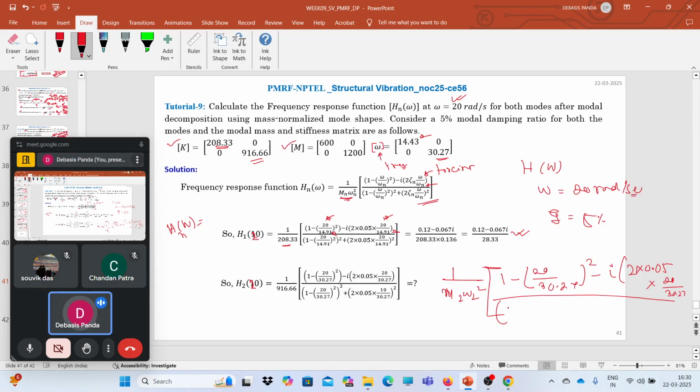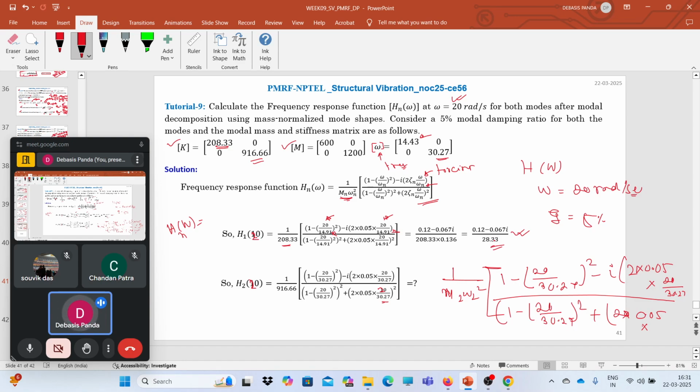You need to write it again, 1 minus (20 by 30.27) square plus (2 multiplied by 0.05 multiplied by 20 by 30.27) square. Now you just simplify it and you will get this kind of term, and this will be your answer.